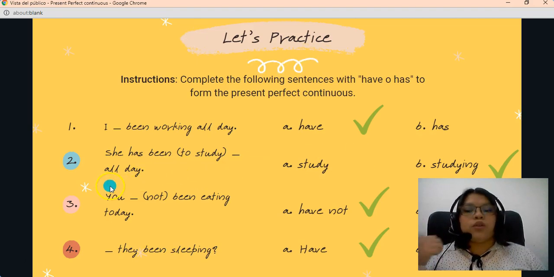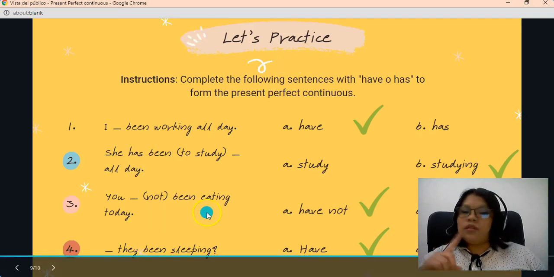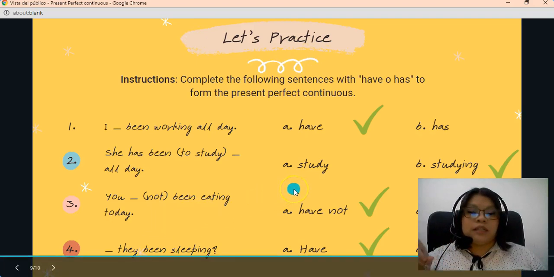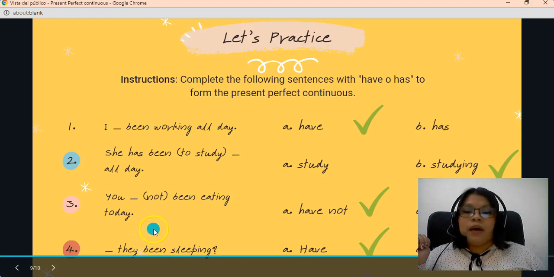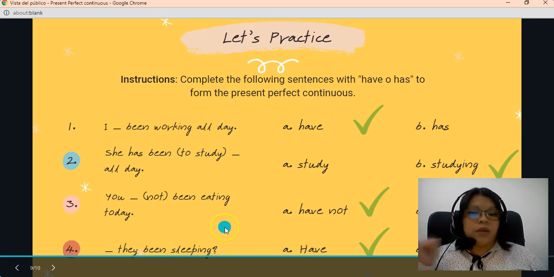Number 3, you not been eating today. You have not, because it is negative. And number 4, they been sleeping. It is a question, so have they been sleeping?